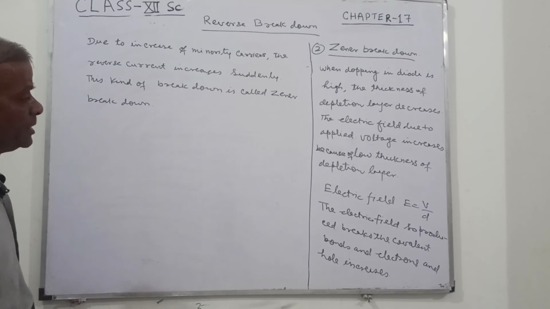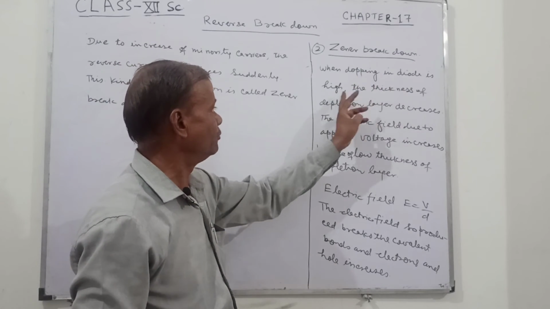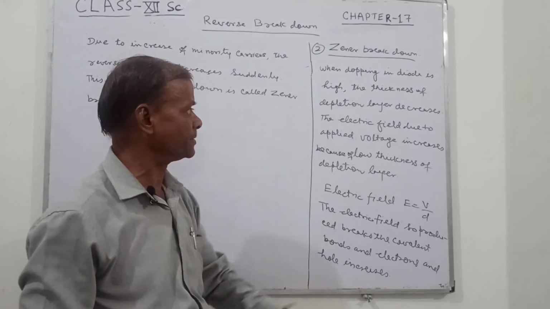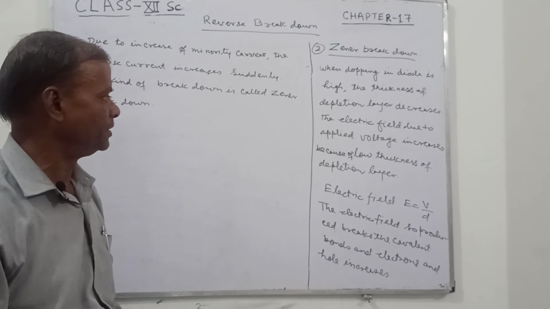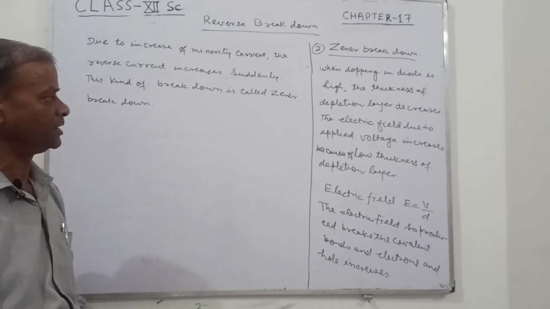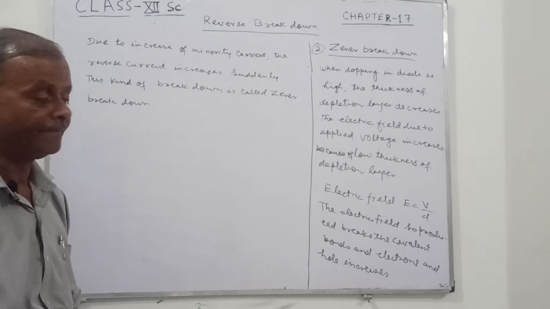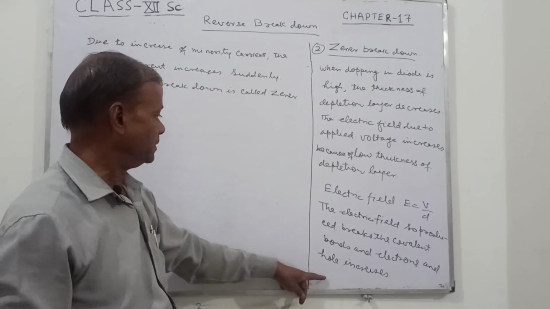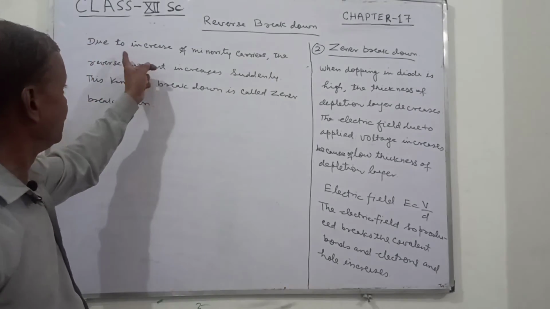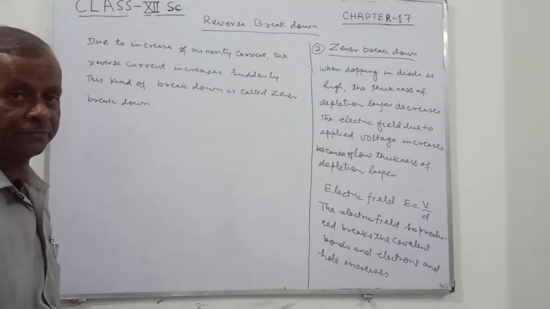So Zener breakdown takes place when the doping is very high, the thickness of the depletion layer decreases, and the electric field increases. In this case also the number of minority carriers increases and the reverse current will increase.